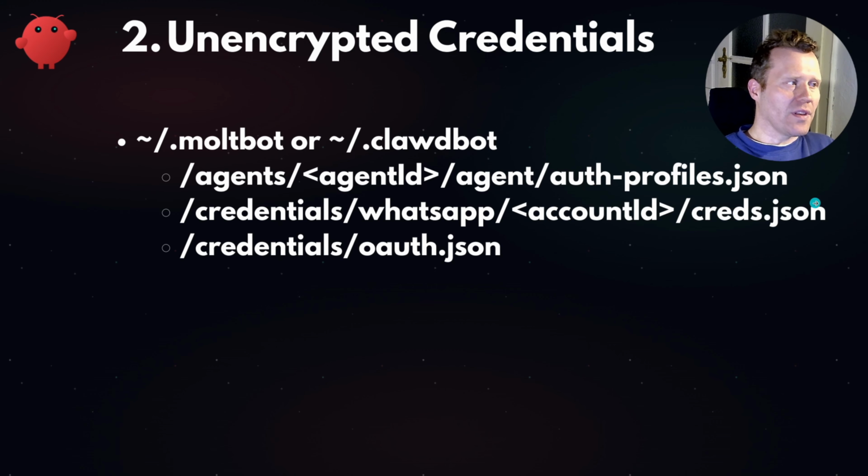For example, here in your user folder, Moldbot or ClawdBot, it stores your API credentials for OpenAI, etc. in these auth-profiles.json, your WhatsApp credentials in this creds.json, and your OAuth2 credentials like client secret and client ID in these OAuth.json files.